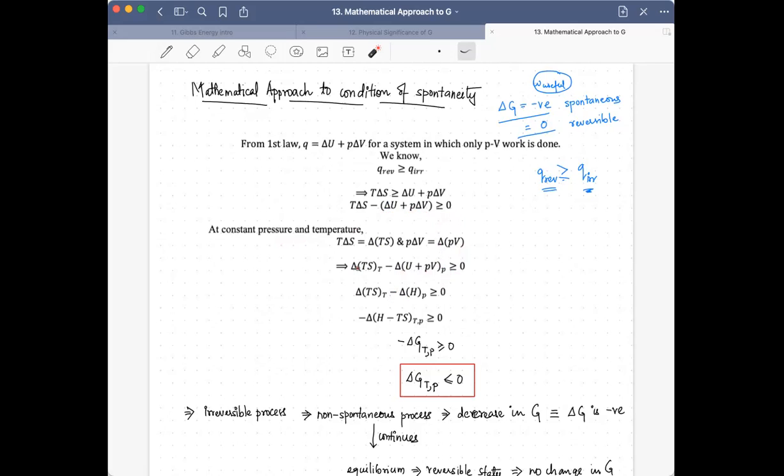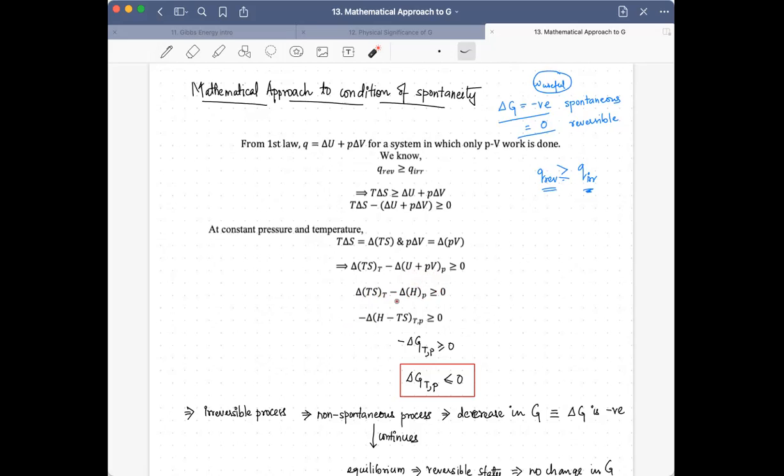Again, we are writing it as delta TS at constant temperature. Now, U plus PV, if you remember our previous videos, by definition is equal to enthalpy. So you have the equation as delta TS minus delta H greater than or equal to 0.